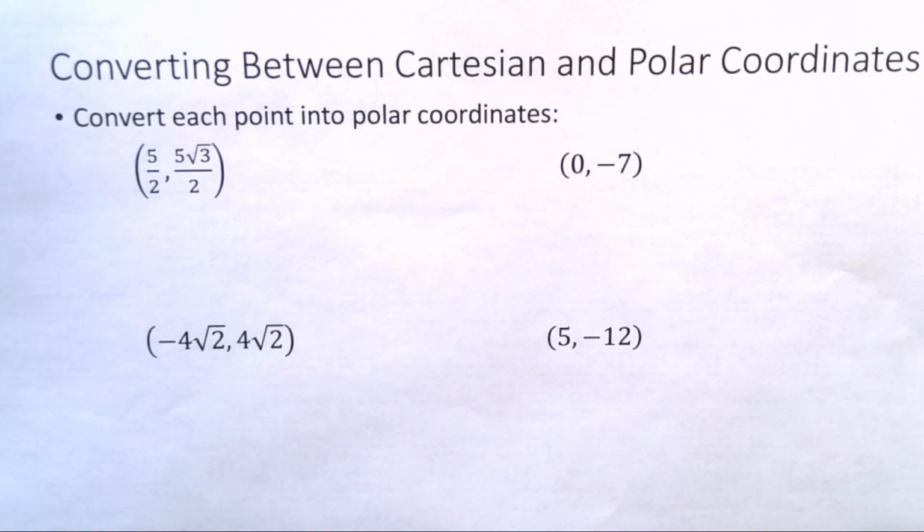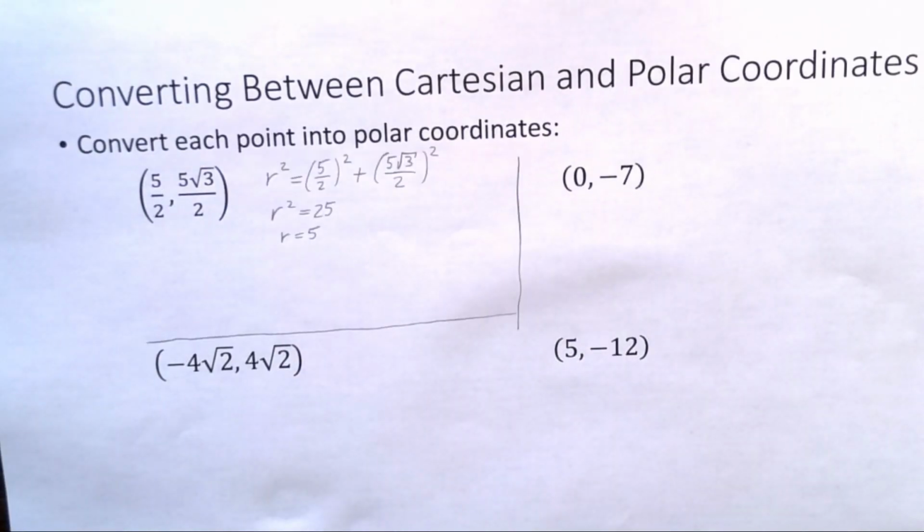So to calculate r, we can use the Pythagorean theorem. With the Pythagorean theorem, r squared is equal to (5/2) squared, that is the x-coordinate, plus (5 root 3 over 2) squared, that is the y-coordinate. Using a calculator or doing this by hand results in r squared is equal to 25, giving r is equal to 5.